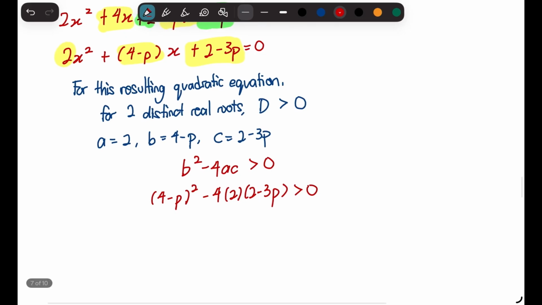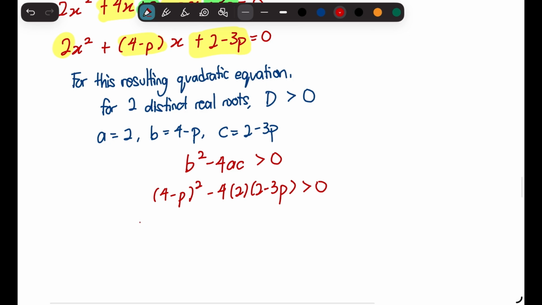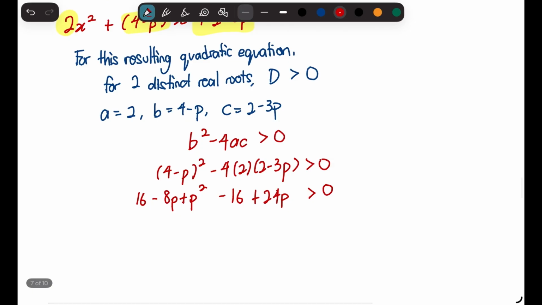By expanding and simplifying, I will get 16 minus 8p plus p squared, then expand out all the brackets, I will get minus 16 plus 24p greater than 0. Then if I simplify everything further, I will get p squared plus 16p greater than 0.